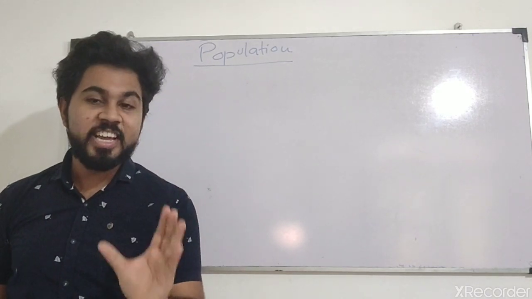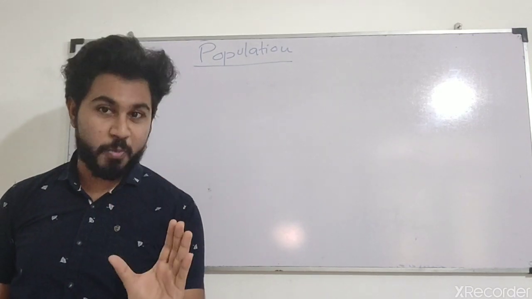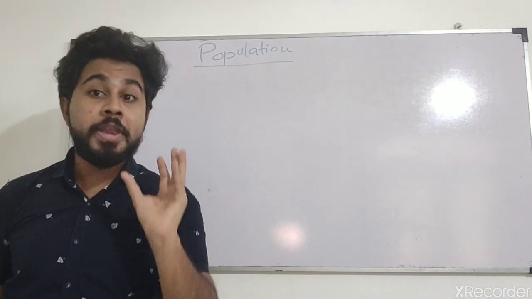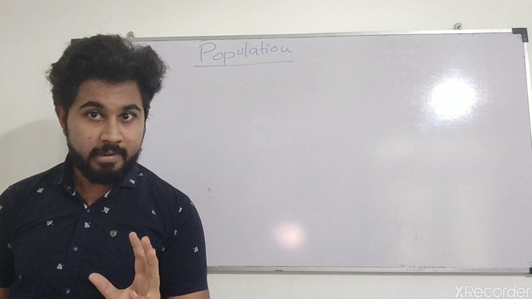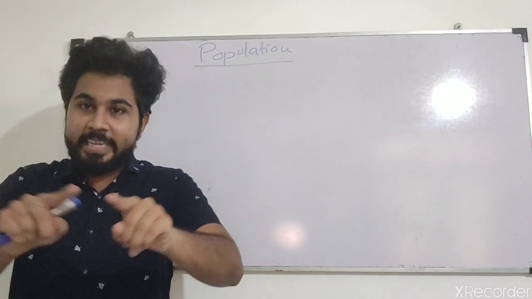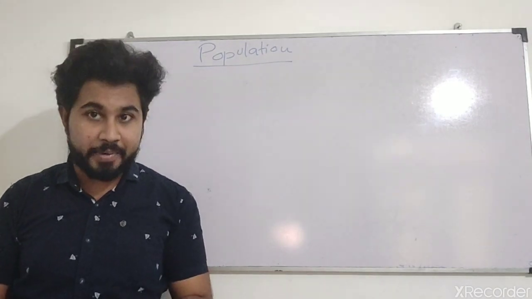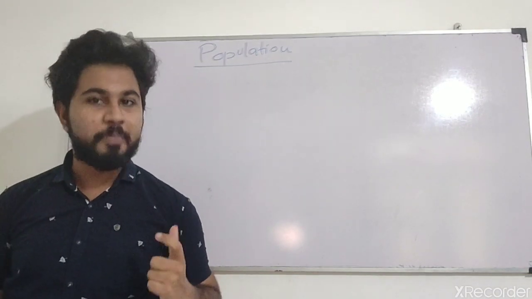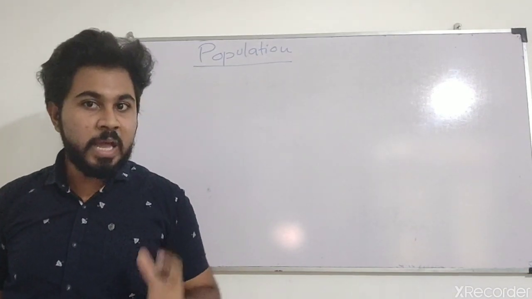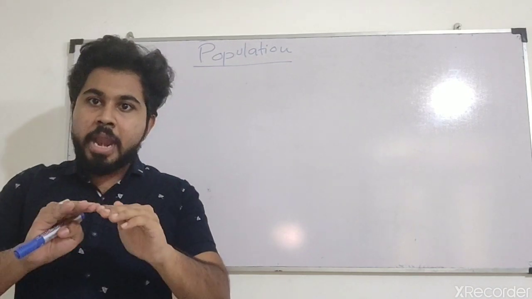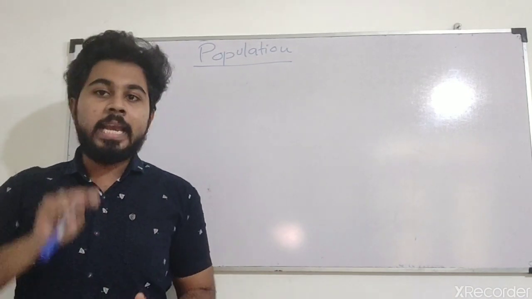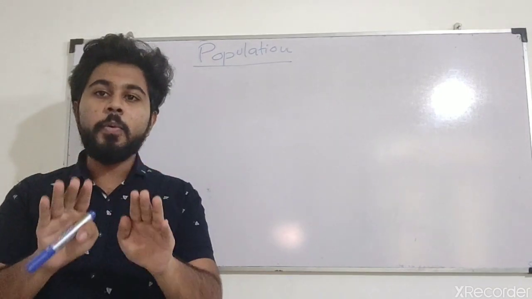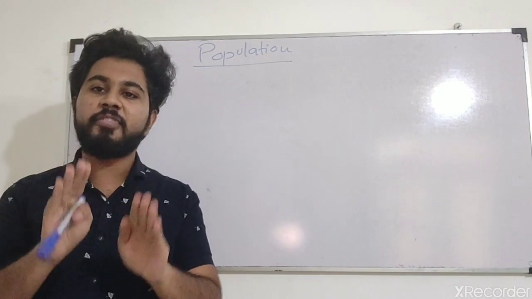Please keep in mind, population is the number of people living in a particular geographical area during a certain period of time. I'll repeat the definition: population is the number of people living in a certain geographical area during a certain period of time.